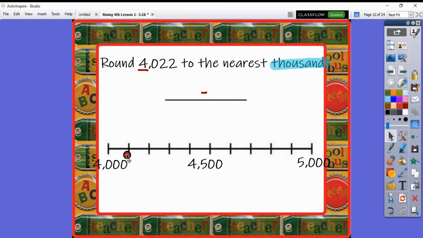Now, if I want to get really exact, this would be 4,100, 4,200, 300, 400. So I know it's going to be really close to that 4,000 there. So if I were to estimate how many people were at that game, I might say, about 4,000 people were in attendance at that game.